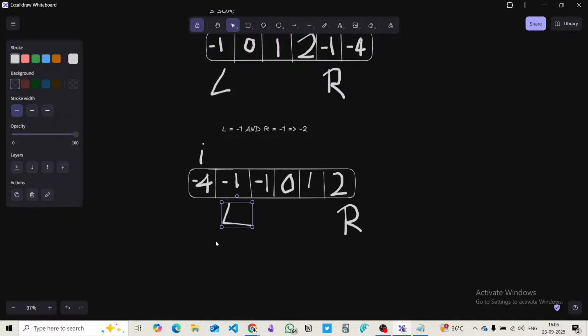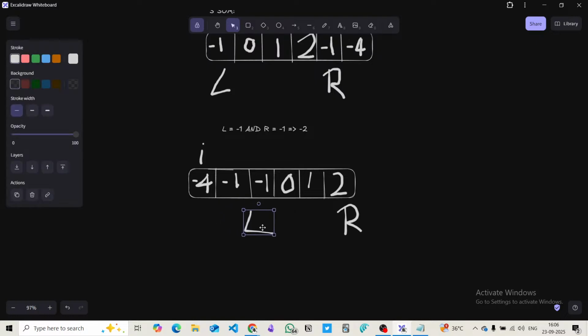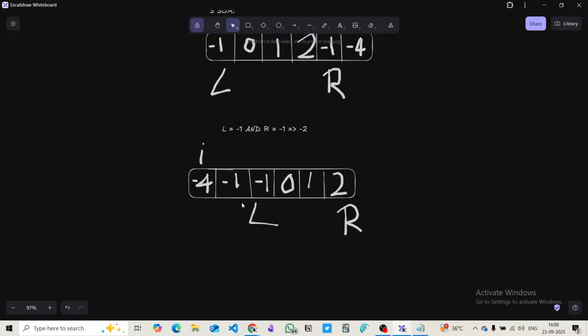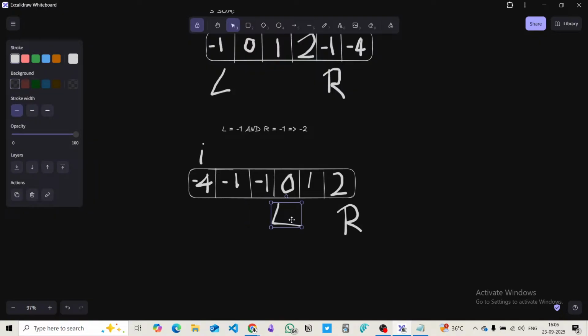So minus 4, so minus 5, so minus 5 plus 2 is minus 3. So minus 3 is less than 0, right? So we need to move L. And then again minus 3 is less, so we need to move this one, L. So minus 4 minus 2 is minus 2, right?